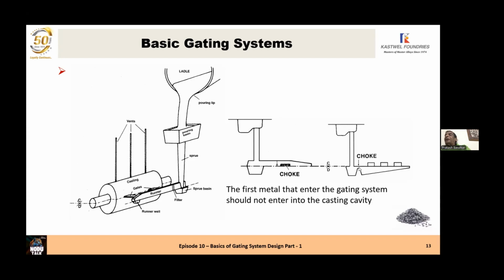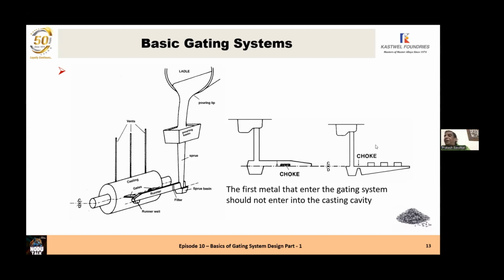As a guideline, if the pouring time for the mold is X seconds, then the running system should be filled in the first 10% of the pouring time. That means in 0.1x seconds, the gating system should be full before the metal enters the mold cavity. That means the first metal has not entered the mold cavity. It has only filled up the gating system.